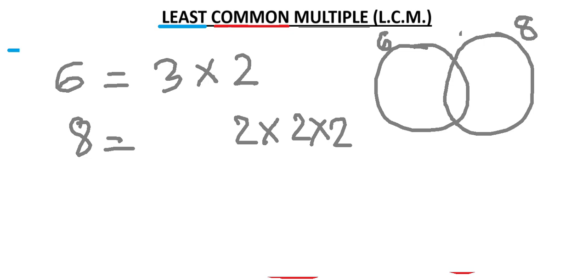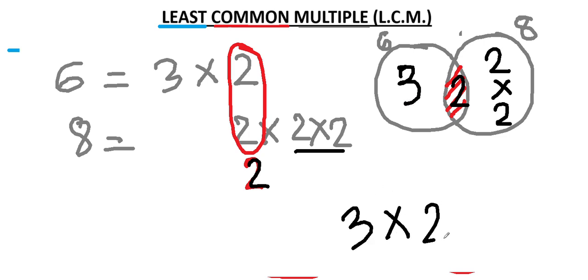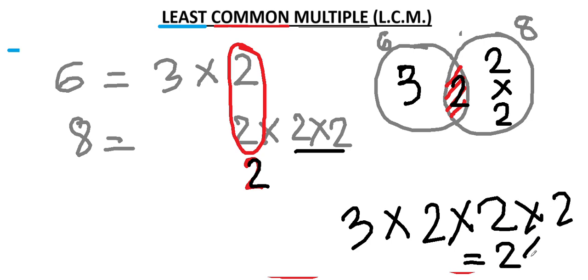But there is a common part, the part which is merging. There is a part from 6 which is merging into 8, and that is the common part between 6 and 8. What is that common part? This 2. So this 2 goes inside here. And what are the other numbers which are left? 2 times 2, and over here for 6 we have a 3. So our final answer is 3 times 2 times 2 times 2, which would give us 24 as the answer.